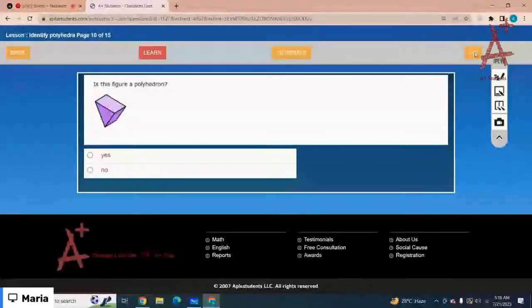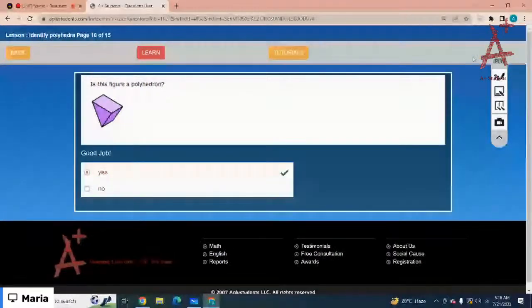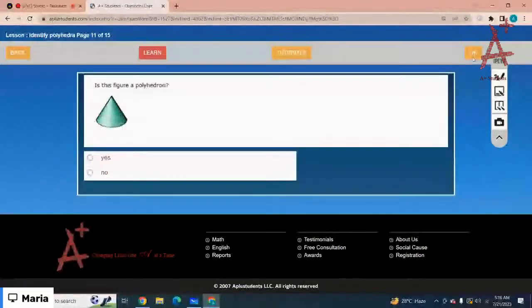Is this figure a polyhedron? Yes, it is a polyhedron. Is this figure a polyhedron?